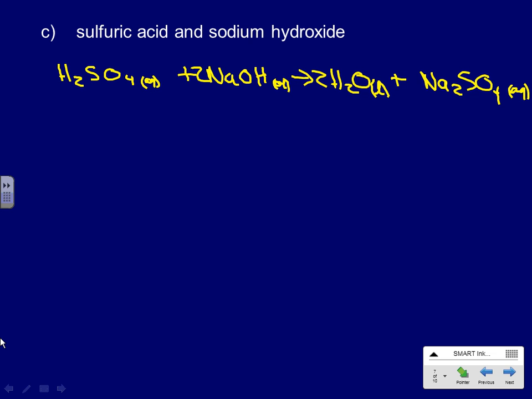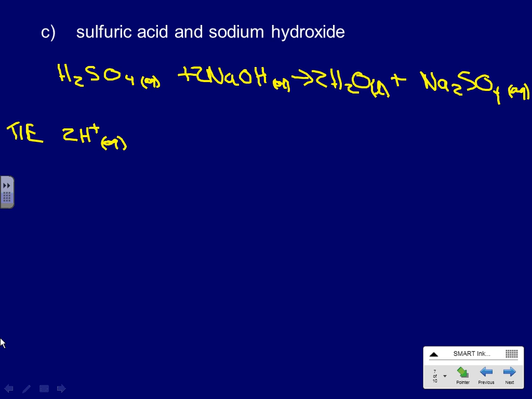And so, again, total ionic equation. Anything that says aqueous, we break apart. Anything that is not aqueous, like liquid or solid, we don't break it apart. Now, this guy here, 2 H pluses, comes off of that thing.